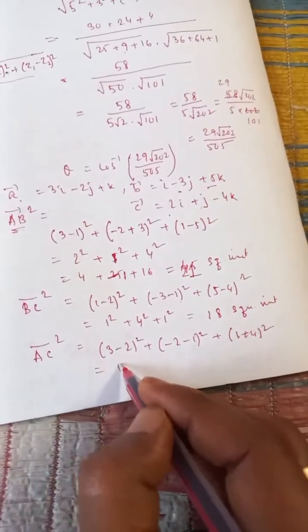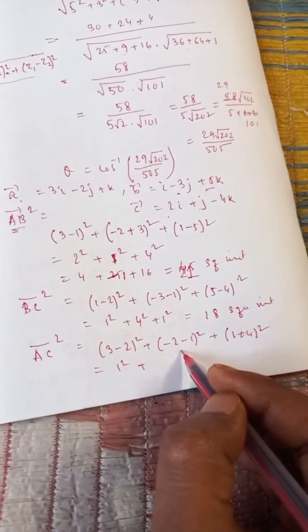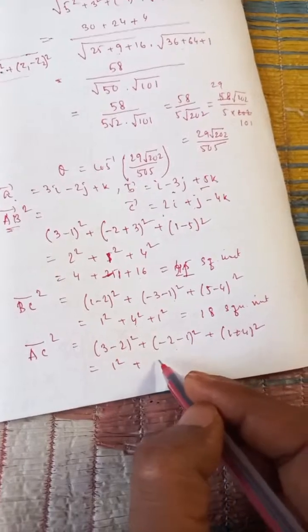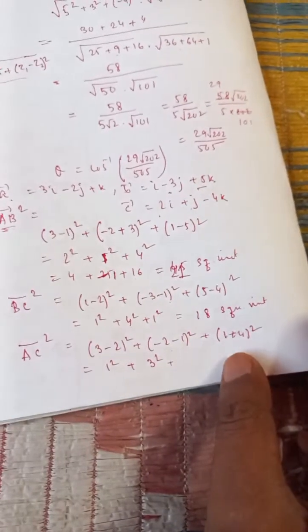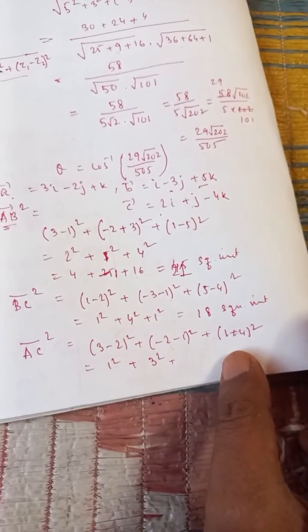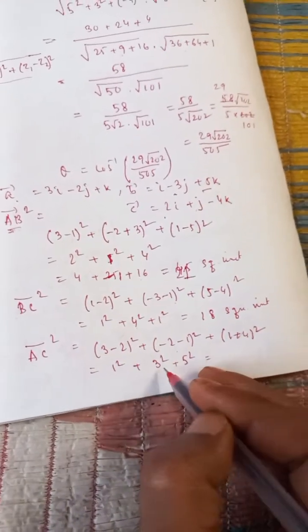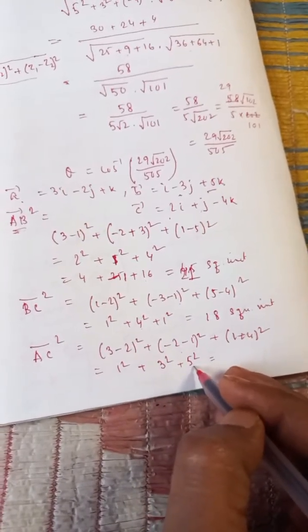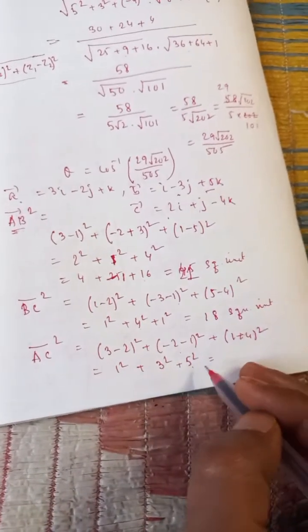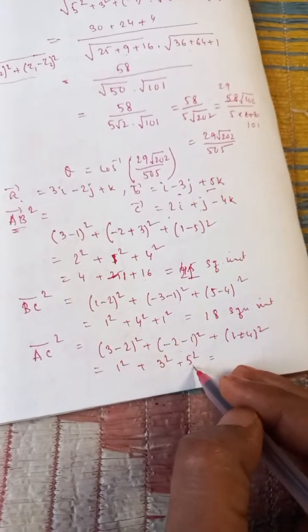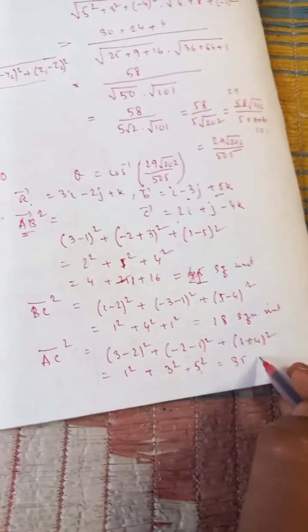So this will be 1 whole square plus 3 whole square plus 5 whole square. So this will be 1 plus 9 and 25. 9 plus 25, 34, and 1, 35 square unit.